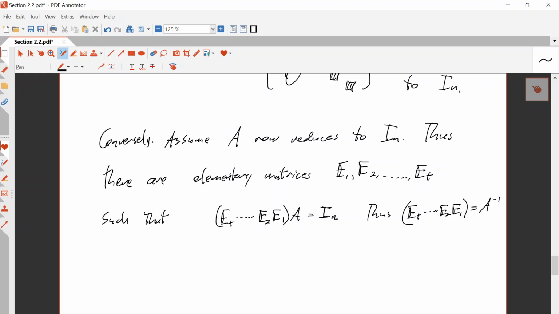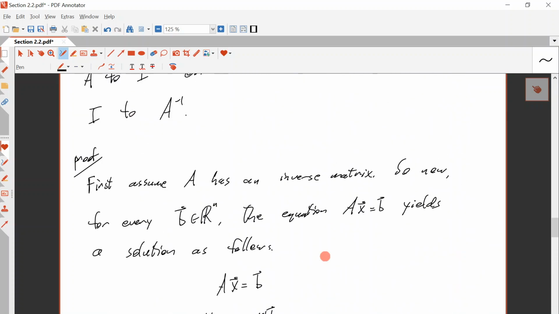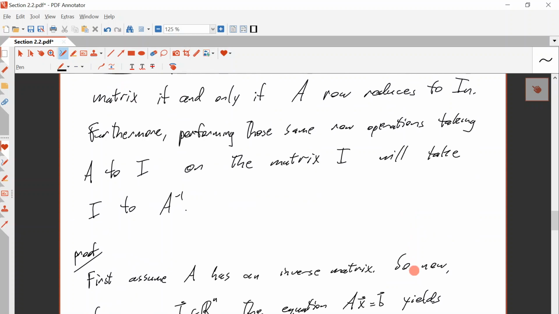Furthermore, you find A inverse by doing those same row operations to I. Is that the way I said it? Furthermore, performing these same row operations taking A to I on the matrix I will take I to A inverse.